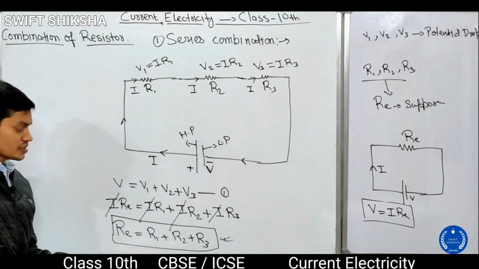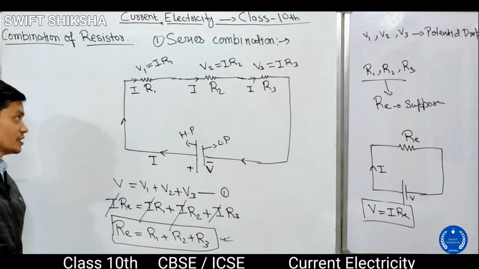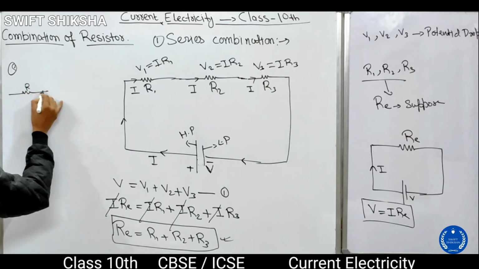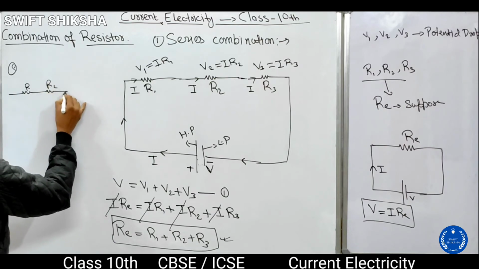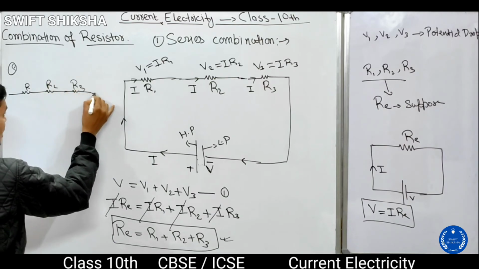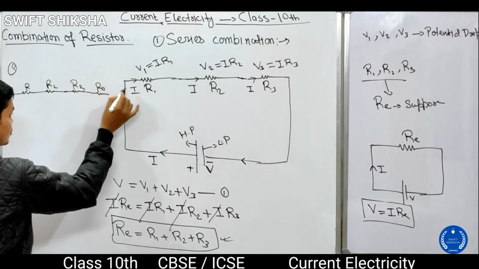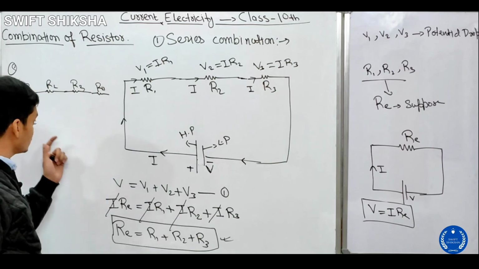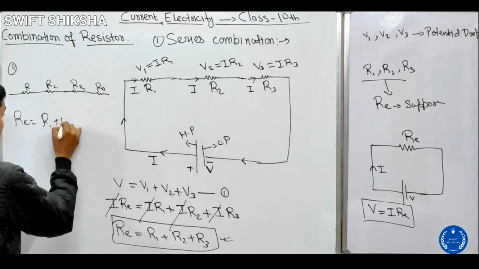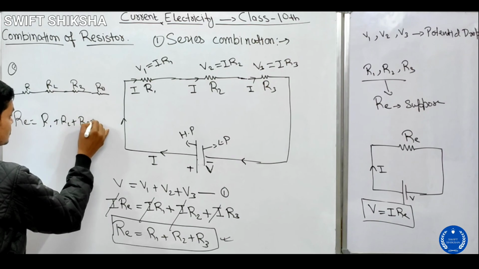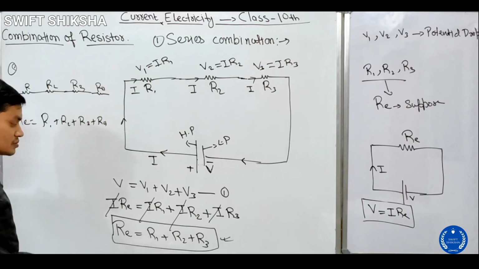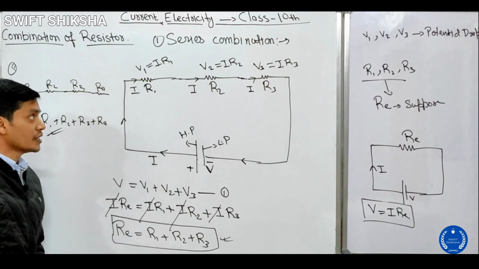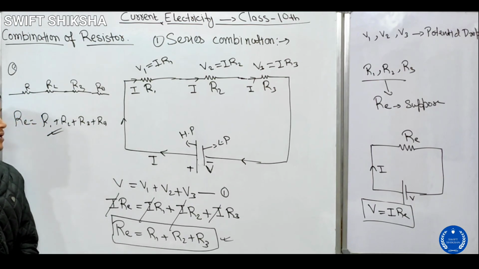If in a question R1, R2, R3, R4 are given as shown, then the equivalent resistance is equal to R1 plus R2 plus R3 plus R4 according to the formula. Okay, so write down. Our next topic is parallel combination.